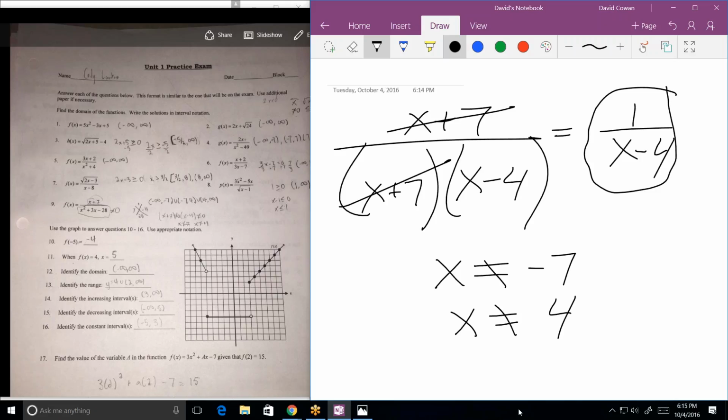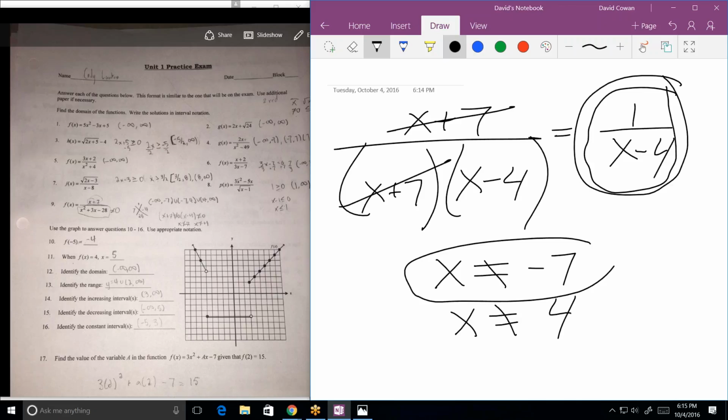It makes what's called a hole. Instead of a vertical asymptote, you end up with a hole. And a hole has the same restrictions as a vertical asymptote. In other words, no matter how you end up with this function, x can still not be equal to negative 7 or 4.